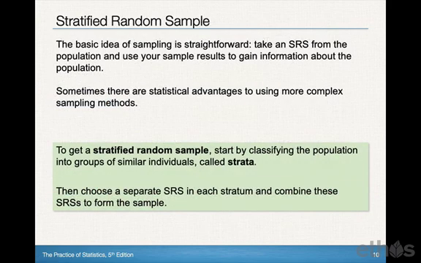Okay, so there are different ways to do random sampling. We just showed you one that was pure random sampling. And so there are other ways, and I particularly like the sample in the book for stratified random sampling. So let's see what it is first, and then we'll talk about the problem. The basic idea of sampling is straightforward. You take an SRS from a population, and you use that to figure out information about the whole population.